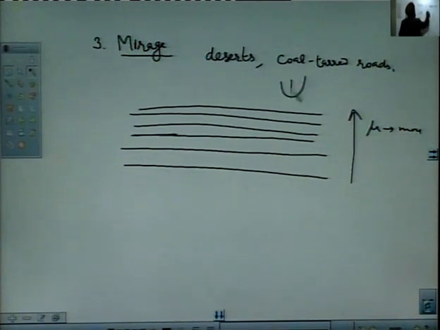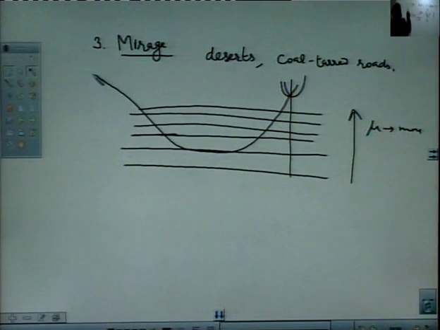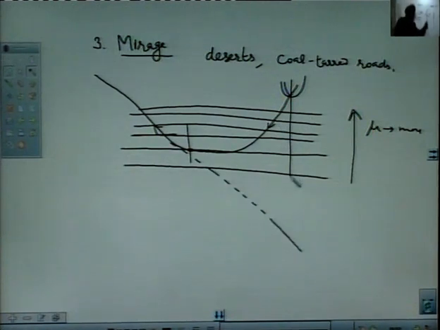If we have a tree here, then light comes from this, bends, and at a certain point it will bend towards the same medium, and it will appear to come from a certain point where it will appear that this shadow of the tree is there.